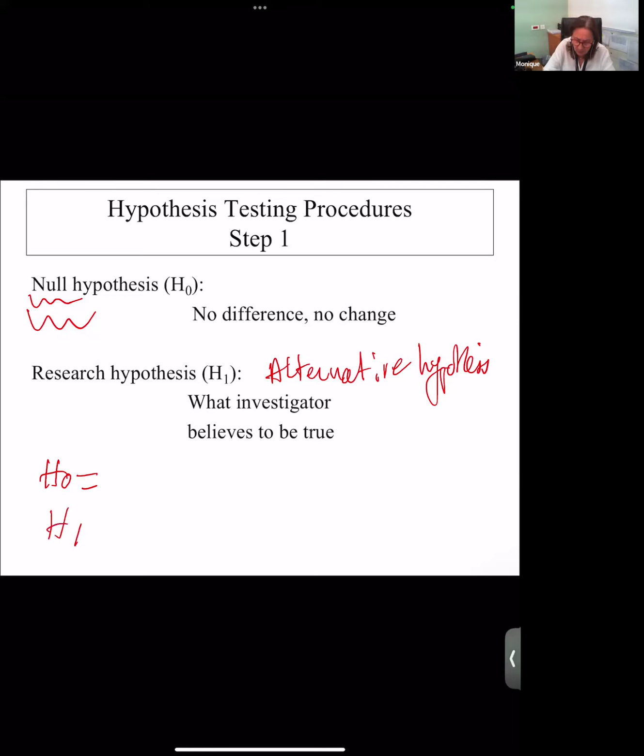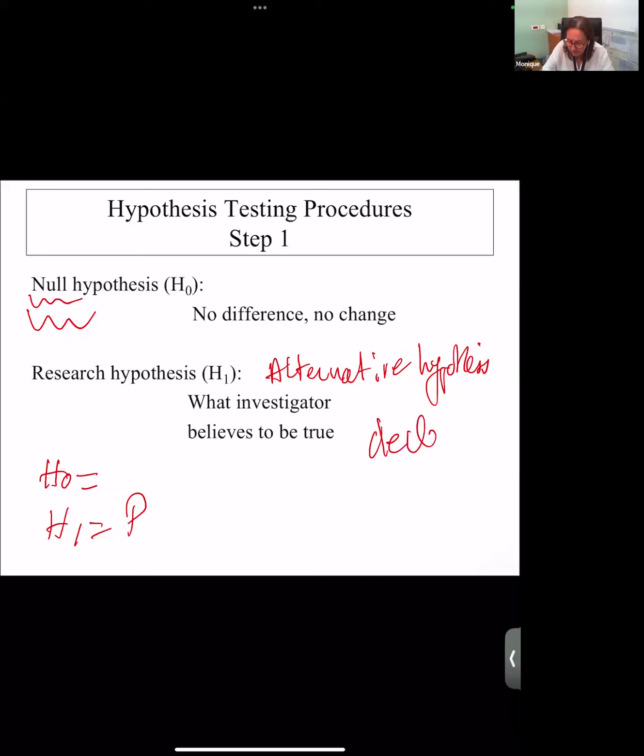So your H1 is the declarative, the alternative, and you declare an association. So P is more than 0.3. What would be H0? P is equal to 0.3, okay? Or 0.3 or less.